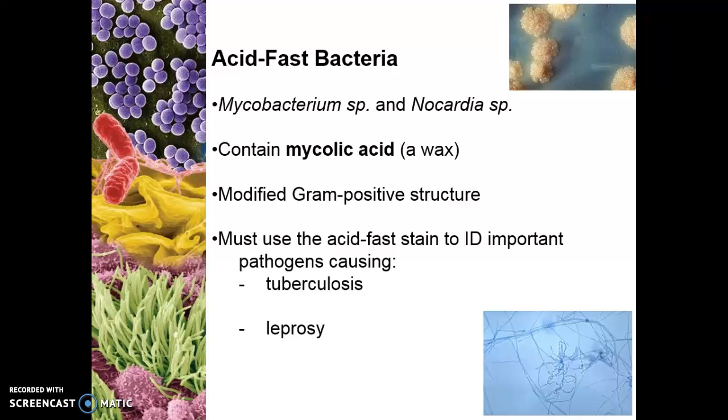So the gram stain is a way to very broadly differentiate the types of bacteria cells. Another way to classify cells is going to be acid-fast. Acid-fast bacteria typically do not stain well with the gram stain, and so it's hard to identify them, whether they're gram-positive or gram-negative.